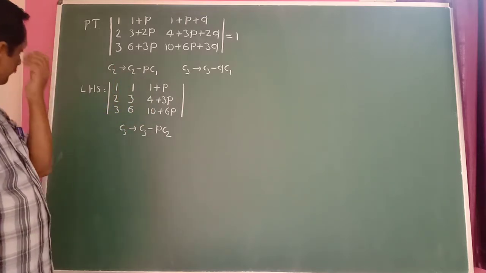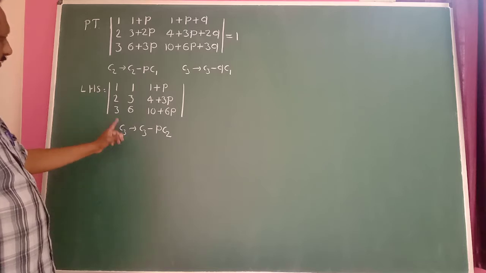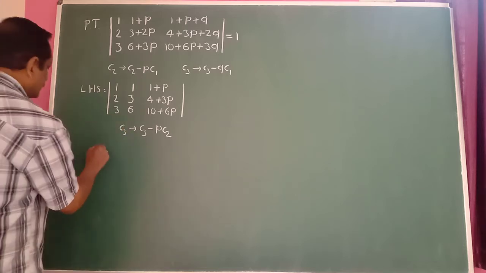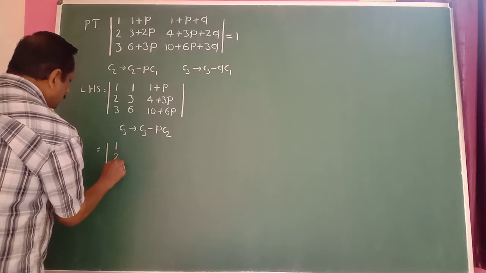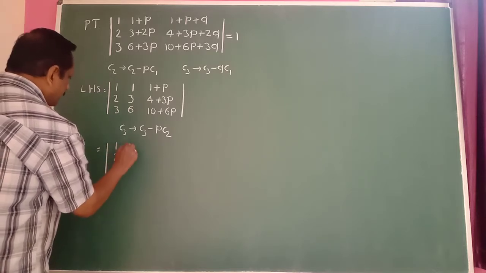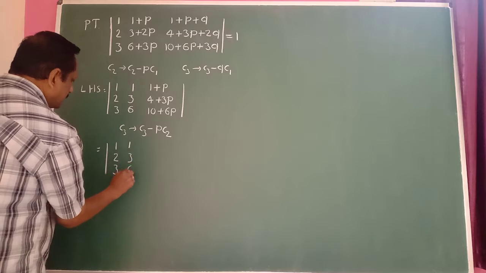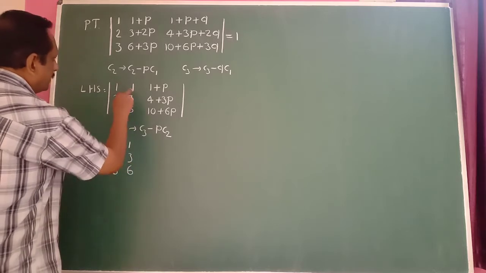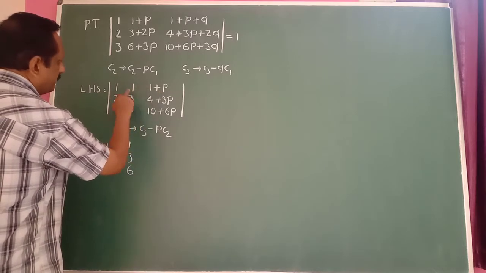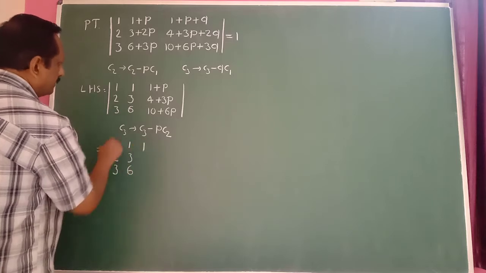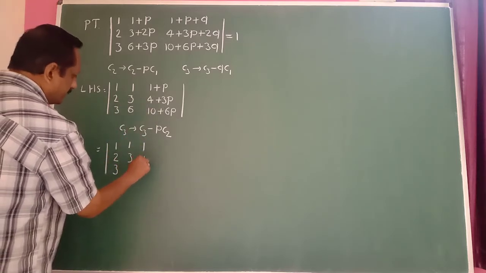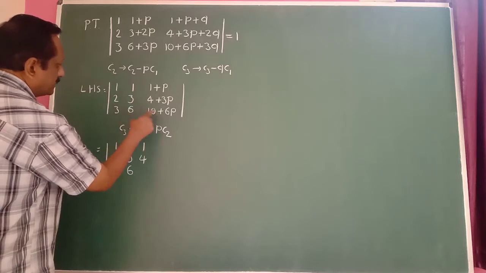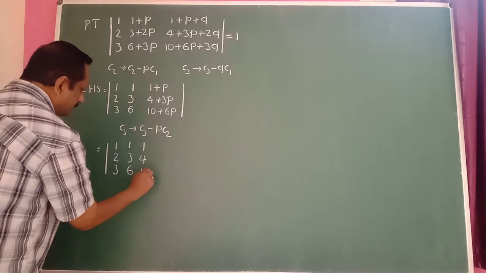Therefore only the third column changes; the first two columns are kept as they are. So the determinant of 1, 2 and 3, then 1, 3 and 6. Multiply by P and subtract, P and P cancel, 1 here. Multiply by P and subtract, remaining element is 4. Multiply by P and subtract, remaining element is 10.